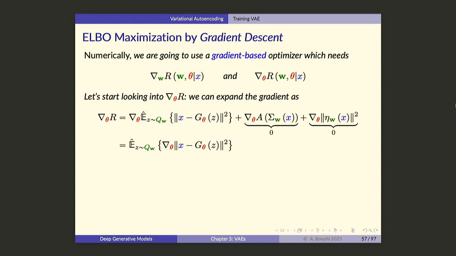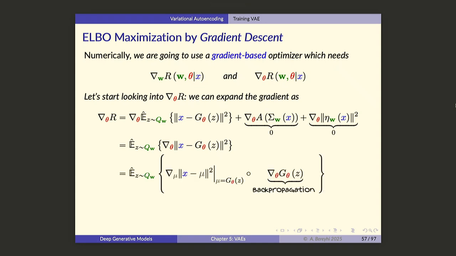What is G here? Is the generator, the network which is generating the mean value, right? It's a neural network. Can I compute the gradient of this term when G is output of a neural network? Yes, I can simply go forward, backward, then I compute the gradient, right? So that guy is easy to compute. This is a simple backpropagation. Essentially, you open it up by chain rule.